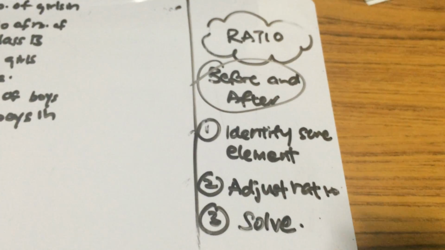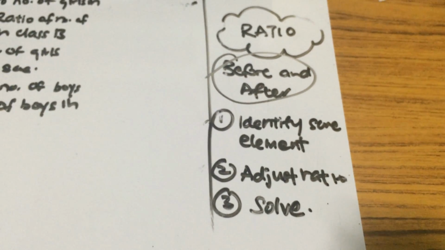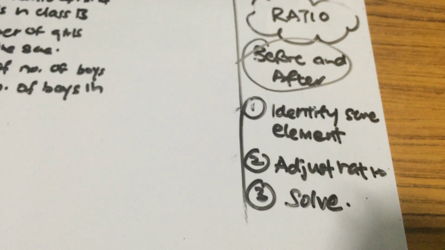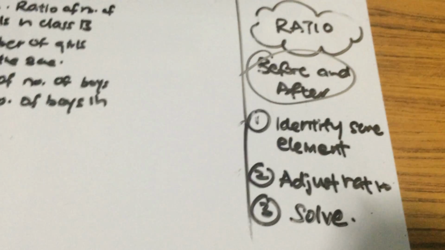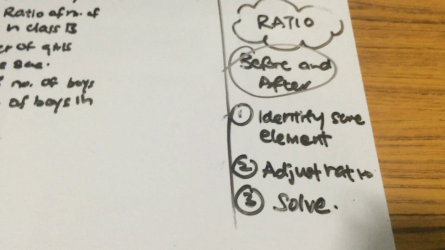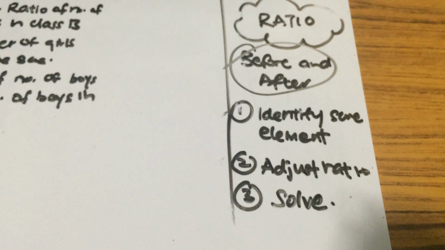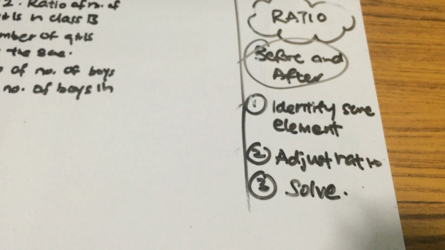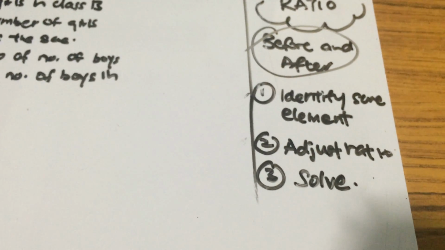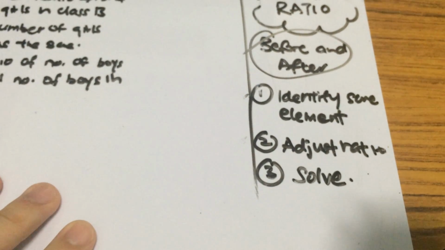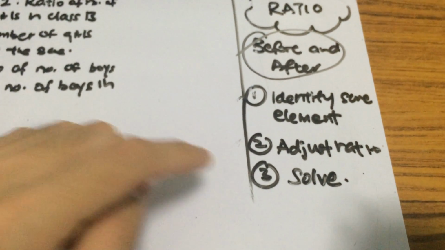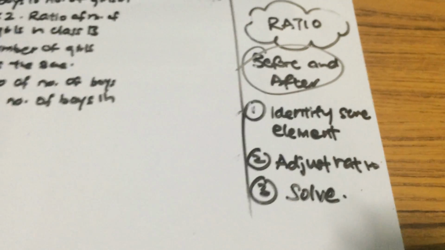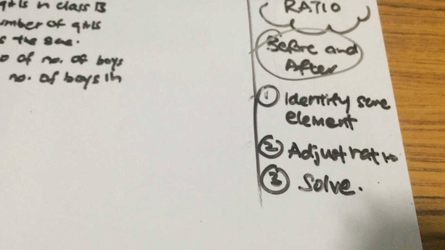In the last video, we talked about ratios and before and after and some of the steps that we have to obey before we actually solve the question. The problem in the last video was very simple, but in this video, we have to make use of these three steps to solve the problem. First, we identify the same elements. What do we mean by that?